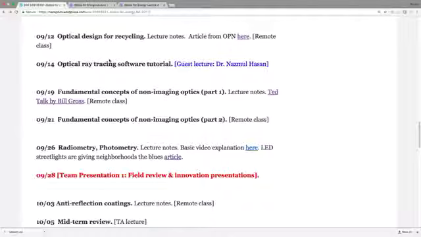And then we'll have a tutorial on optical ray tracing. So this is important. Optical design, as you will learn next week, is what you can do with your hand. Okay, solve matrices or something like that, or in MATLAB or something simple like that. But in the real world, no one does that. Because if you open up your iPhone camera, for instance, you will see a stack of not just one lens.